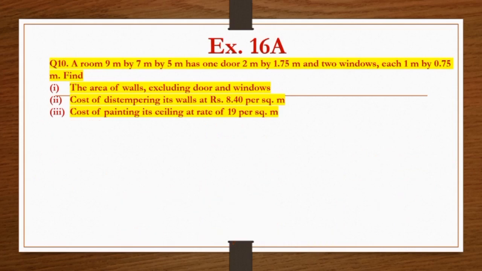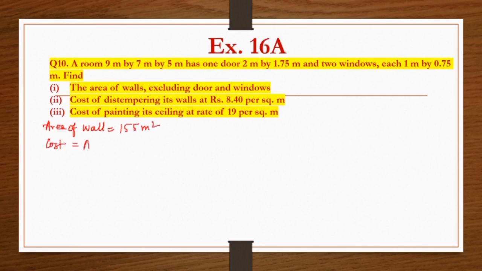Part 2, cost of distempering its wall at rate 8.4 per square meter. So wall it is saying, so obviously it is asking for the area of wall excluding. So area of wall we have already calculated, that is 155 meters square. So cost is equal to area multiplied by the rate.